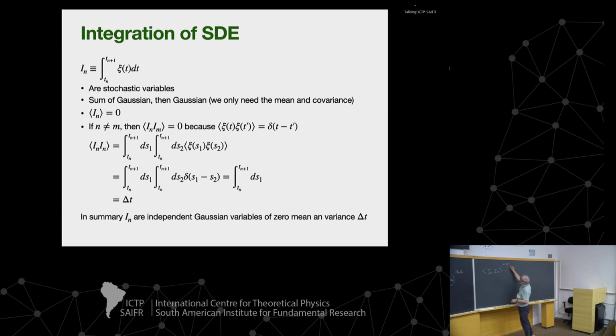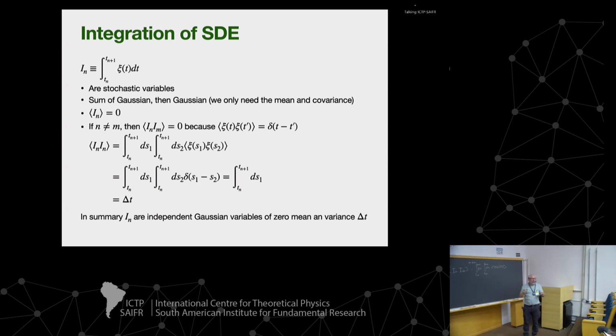So this is the integral ds1, the integral ds2, but this goes between tn and tn plus 1, and tm and tm plus 1, because each I is defined as an integral over the time step.